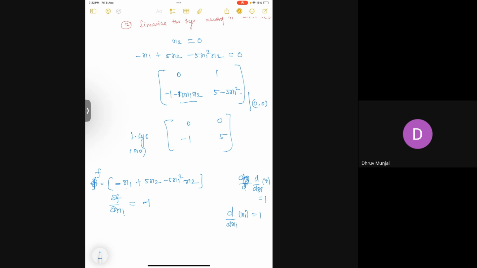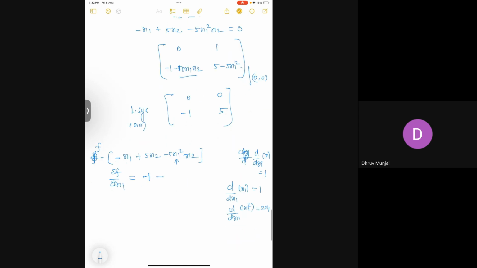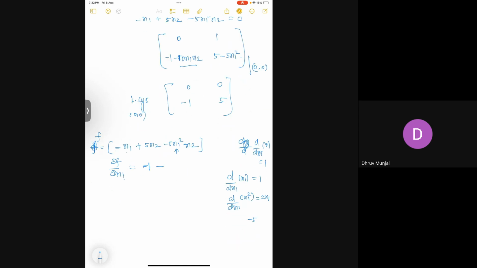Yes, ma'am. Alright. Then again there is an x1 term here. When I differentiate x1 square, this will give me 2x1. So differentiating minus 5x1 square will give me minus 5 into 2 into x1, which is minus 10 x1.